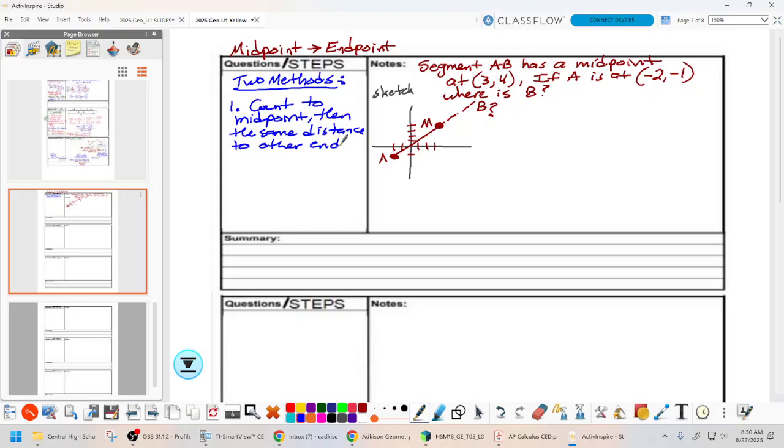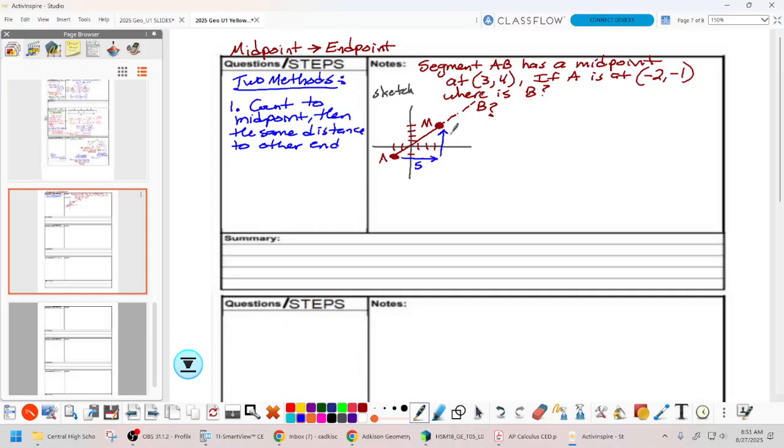So, how far did we go from A to the midpoint? X direction. So remember, it starts at -2 and it goes to 3. So how far in the X direction did we go? 5. So we went 5 to the right, and how far did we go up from -1 to 4? 5.